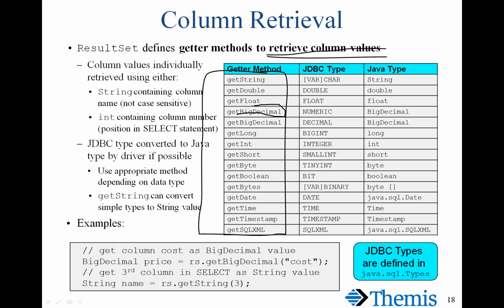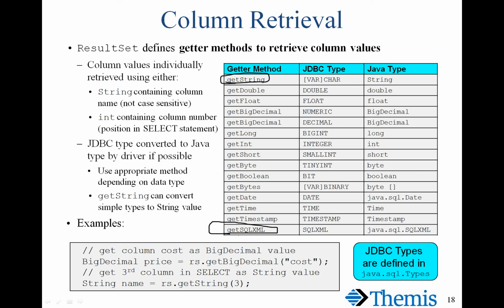For instance, if it's packed decimal data or if it's whole number data, and then you can use the correct type. getString is capable of converting most types, such as date, time, number types, to a string. While this isn't an exhaustive list of all the types that are available, XML support is demonstrated here or indicated, and blobs and clobs are also supported, although not shown here.